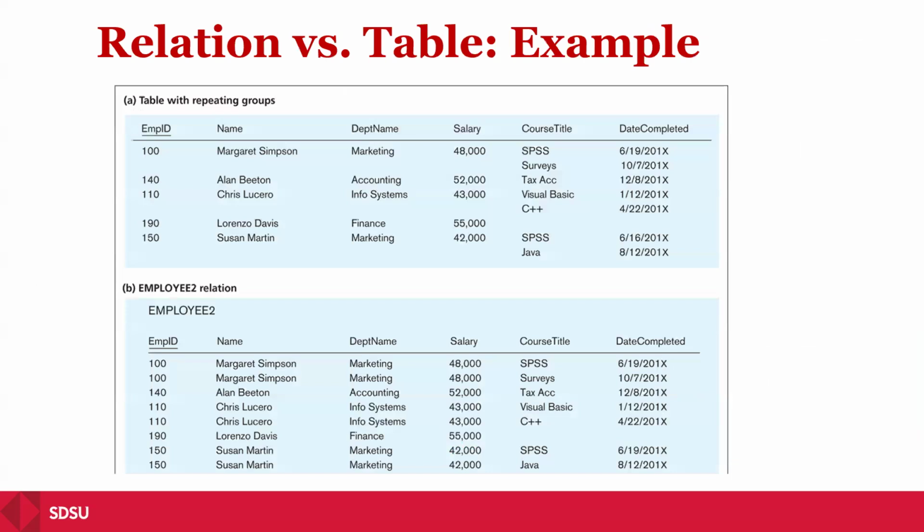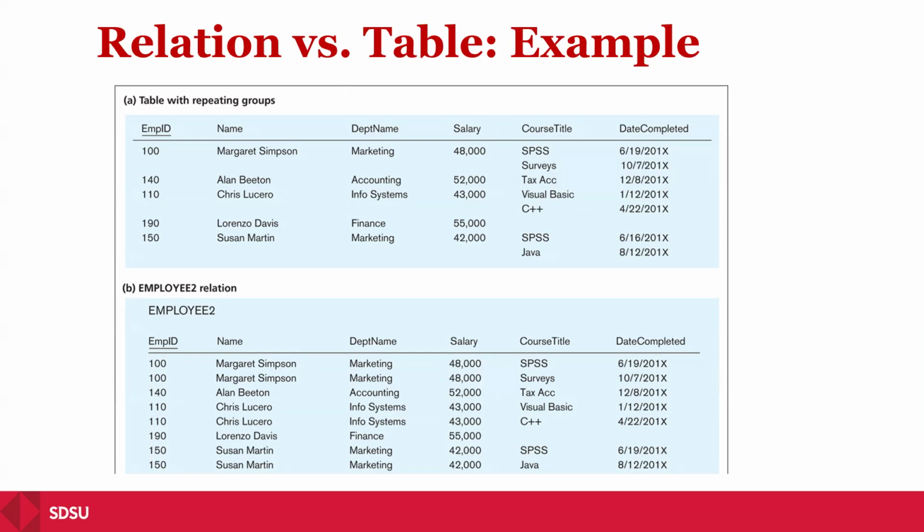Right. So let's look at another example. We have the employee one table on the top. And as you can see, we have multi-valued attributes in course title.